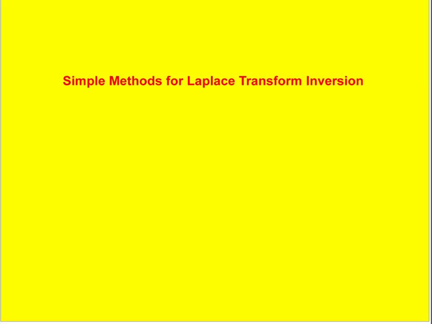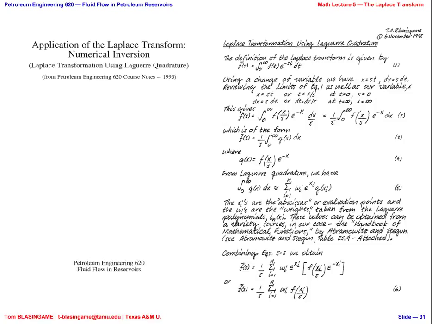To apply the Laplace transform numerically, this is basically a numerical integration. I don't know if we talked about this in previous lectures, but one of the methods to integrate numerically is the Laguerre quadrature.